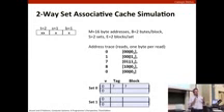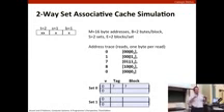comes first. Then you determine how big you want your cache to be, and you determine the associativity. Once you've determined the associativity and you know how big your cache is, that determines the number of sets.